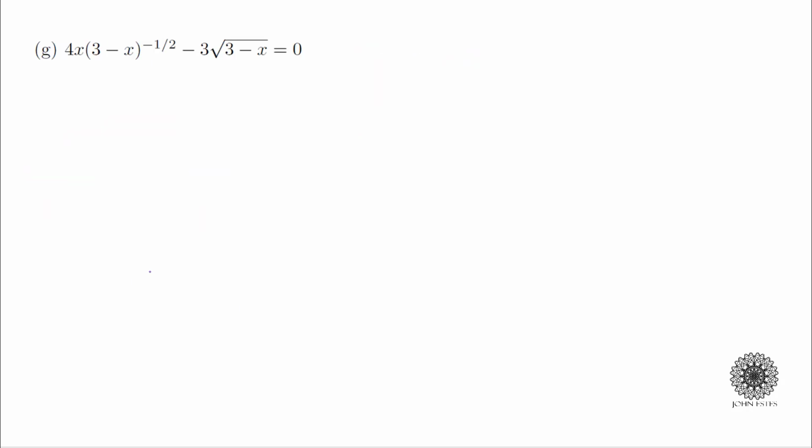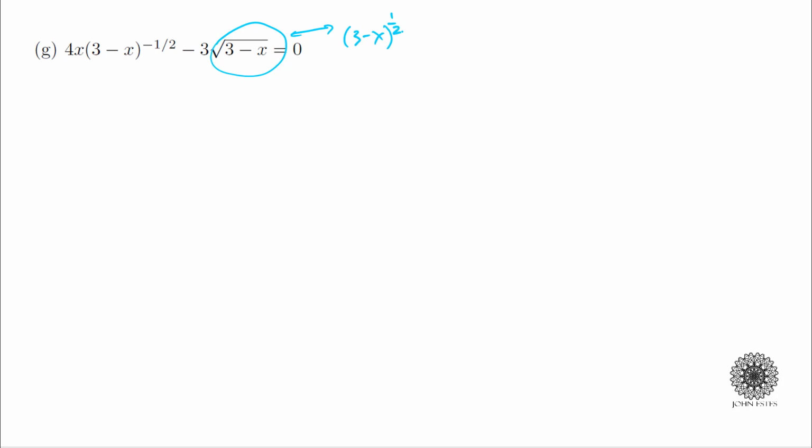Our last example today is G. 4x times 3 minus x to the negative 1/2 power minus 3 times the square root of 3 minus x equals 0. And this is definitely the most confusing of all of them. And I think what would be useful is to remember that the square root of 3 minus x is the same thing as saying 3 minus x to the 1/2 power.